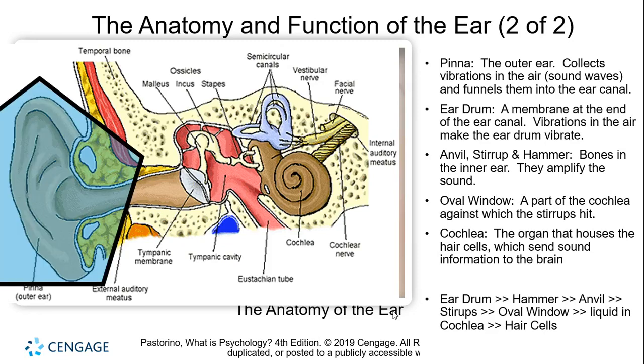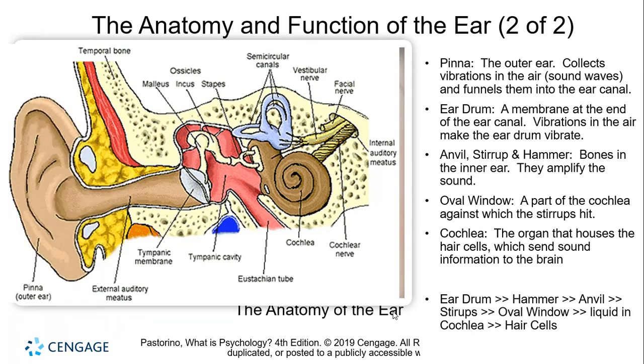As I already mentioned, your pinna is your outer ear. That is the funnel that collects the sound waves from the environment, from the air, and pushes them into the ear canal. At the end of your ear canal, you have your eardrum or your tympanic membrane.